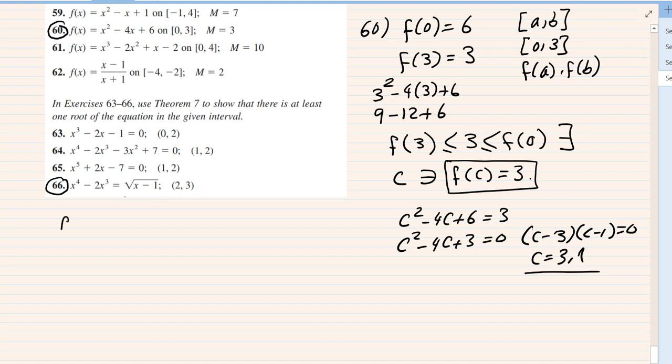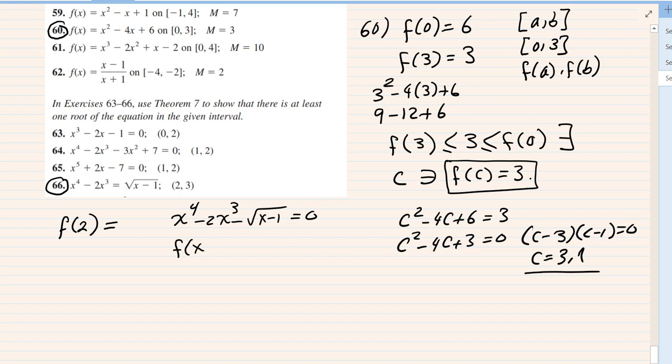Now, let's do f at 2, when we plug in a 2 for x. Let me show you this. x to the 4th minus 2x cubed minus root x minus 1 equals 0. So that's the equation.